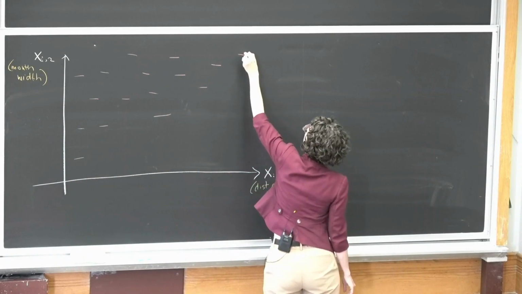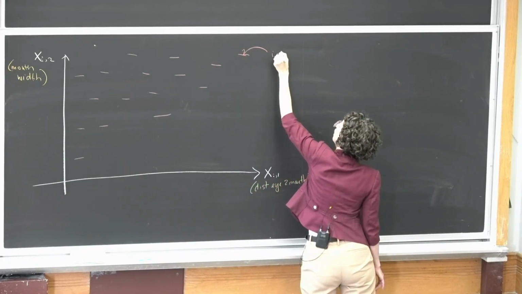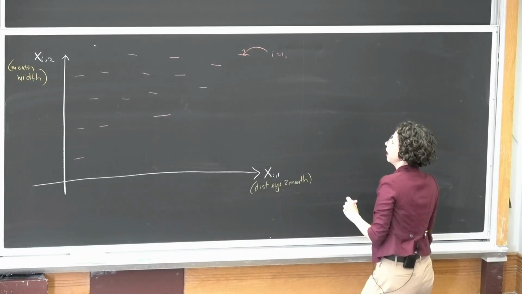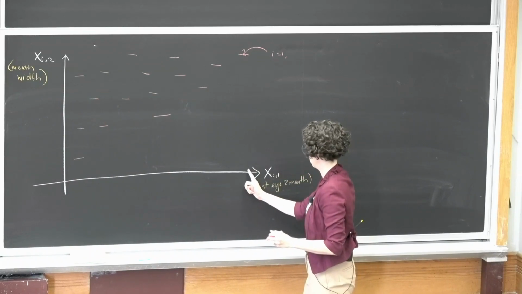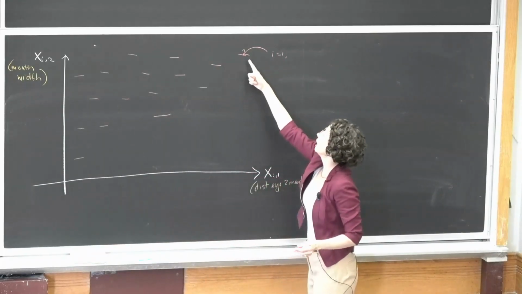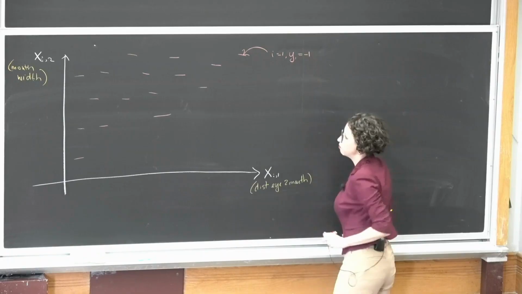Each one of these corresponds to a different i. So this might be i equals 1. That might be our first training sample. So for the first training sample, it has this particular distance from the eye to the mouth, this particular mouth width, and the label associated with it, y1, is equal to -1.